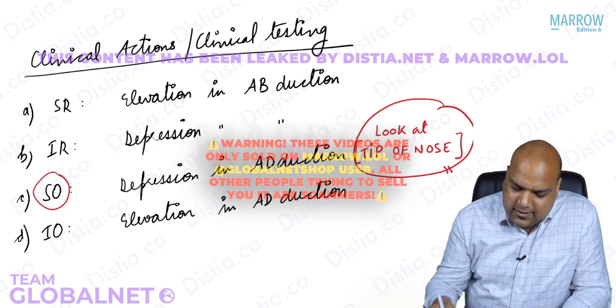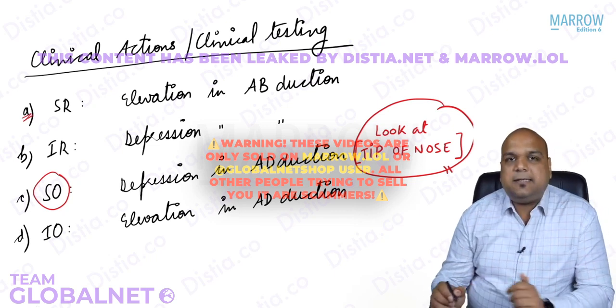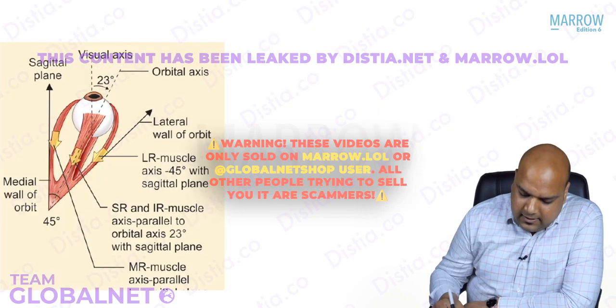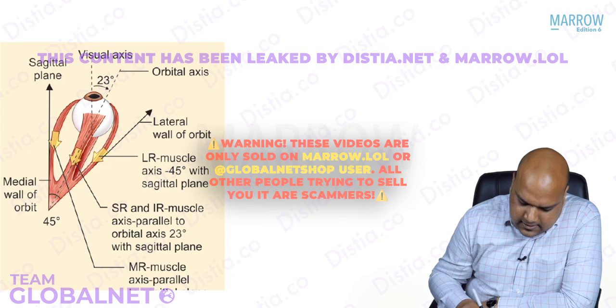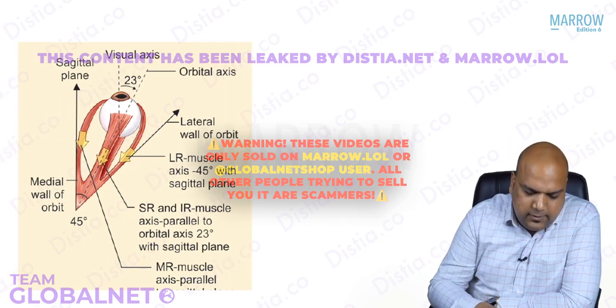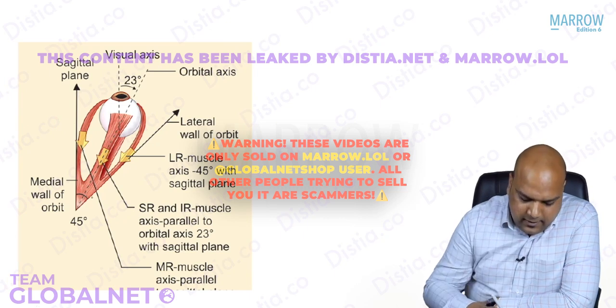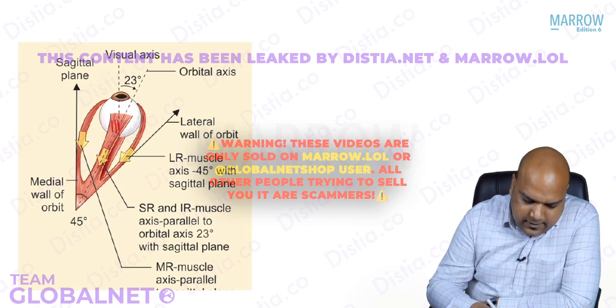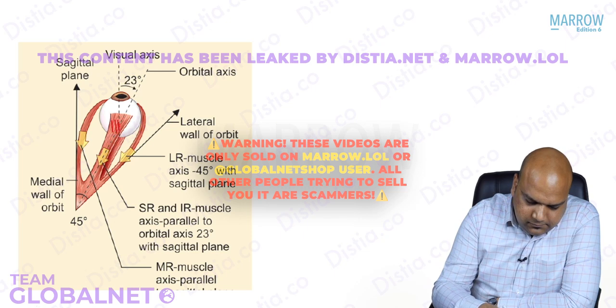Yes. Now let us try to understand, taking the example of superior rectus here. Let's see this image. In this image, we can see a diagrammatic representation of the orbit. This is the medial wall of the orbit, the nasal bone. This is the lateral wall of the orbit. This is my eye and these are the muscles. This muscle is my superior rectus.